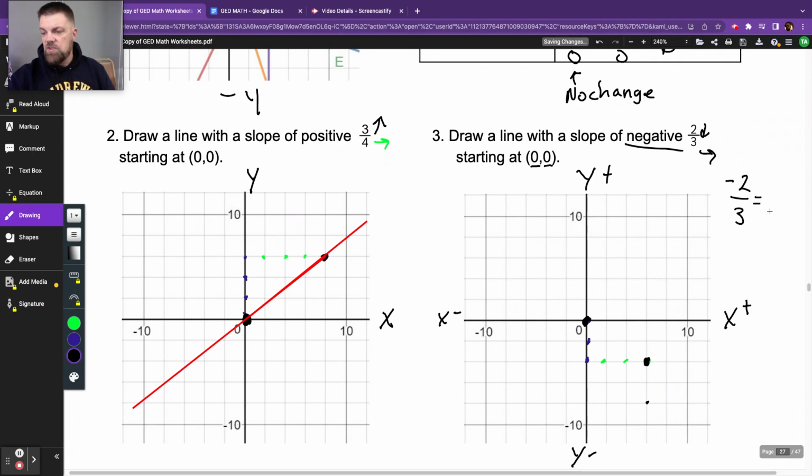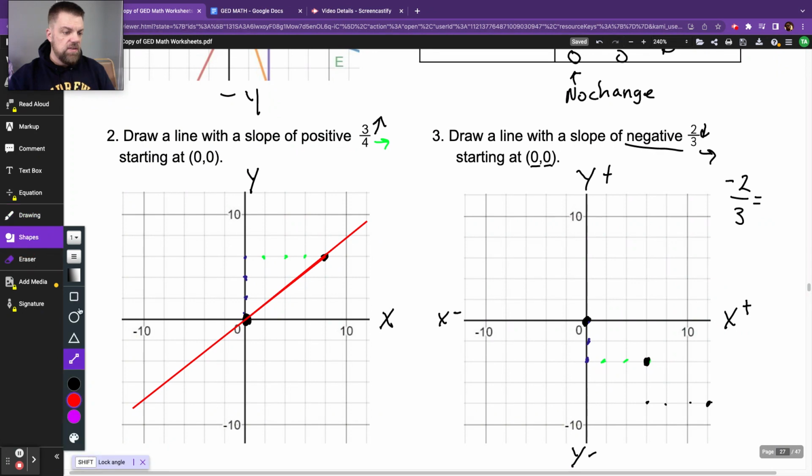And my run is 3, right? So what does that mean? Go over to the right 3 times. So I go 1, 2, 3. And then I just have to draw a line through all those points. So if I start here, and that's it. That's how you do that.